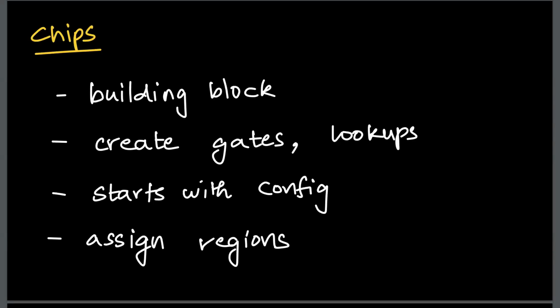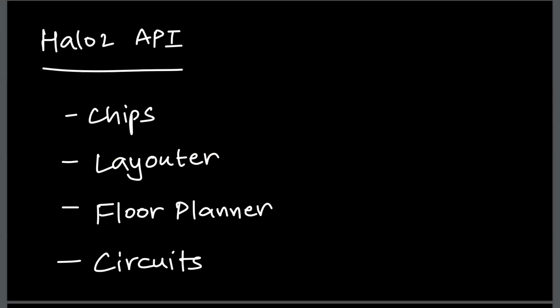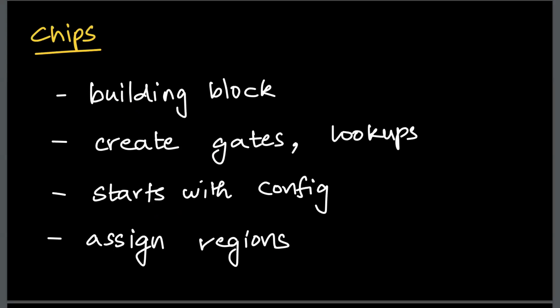So we were about to start the components of the Halo2 API, and let's start with chips. Chips are like functions in the Halo2 API. They are like the basic building block. You can have multiple chips, or you cannot have any chip at all, and you can just have one big circuit with all the computation in it. So chips ease the work you do.